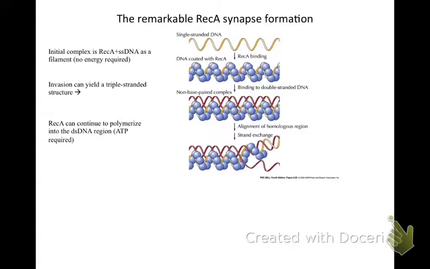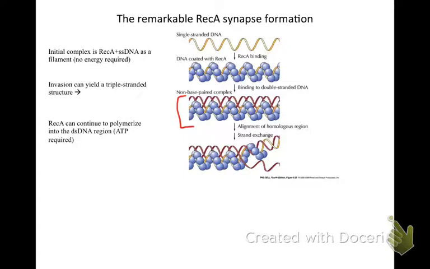The RecA protein carries out many functions in this process. First, it's going to be able to bind to single-stranded DNA from any type of a break in DNA. And when it does that, it doesn't require energy to do that, but it can then form what's called a 3-stranded structure where the RecA bound single-stranded DNA can invade double-stranded DNA where there's homology.